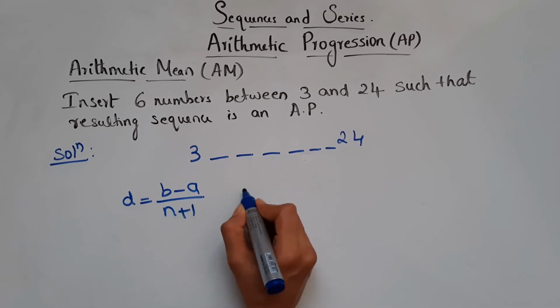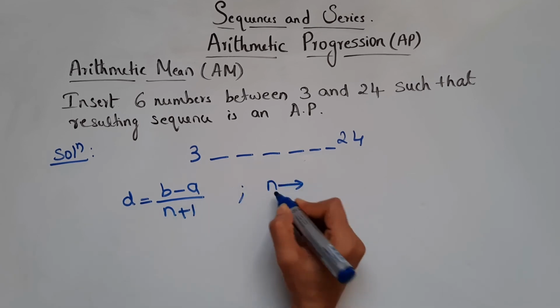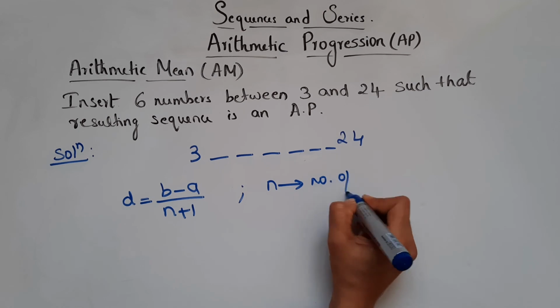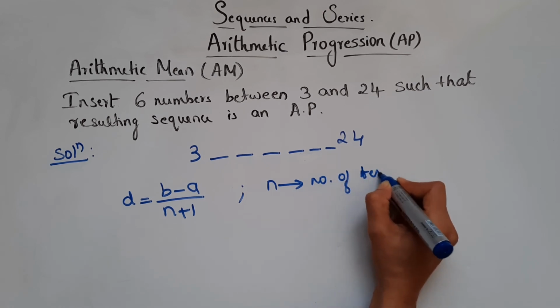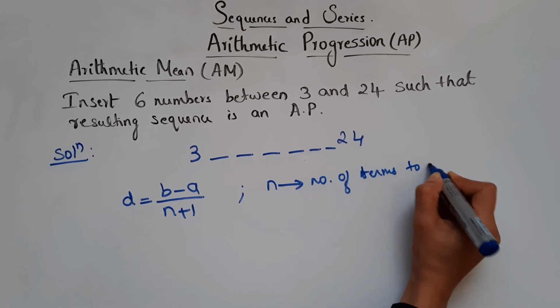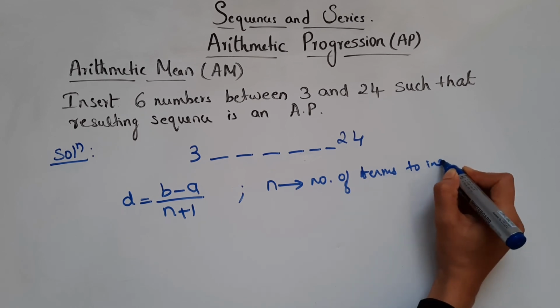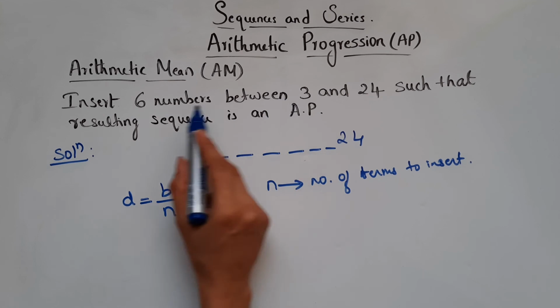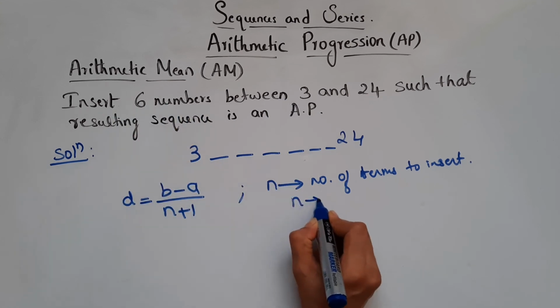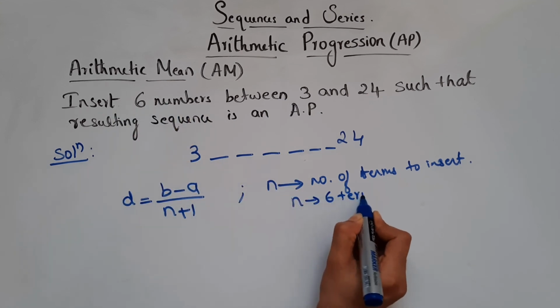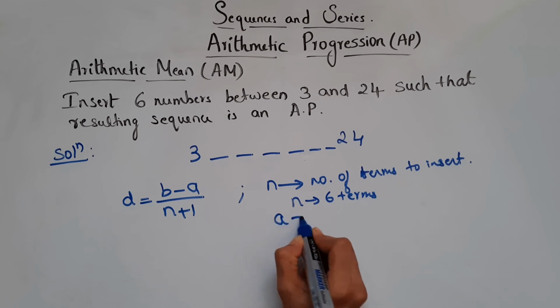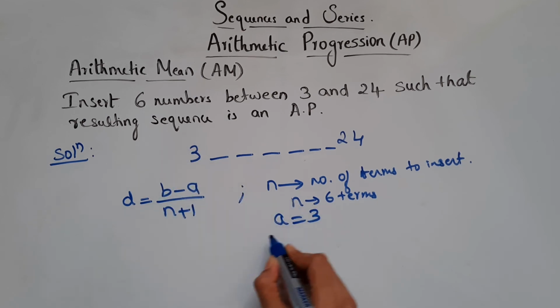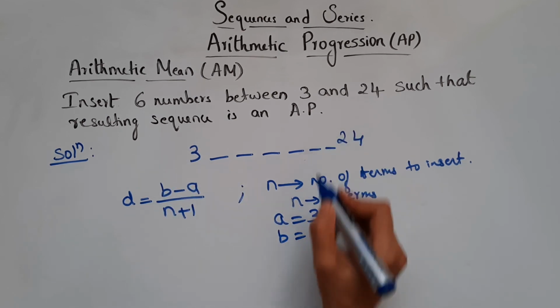Here what is n? n is nothing but the number of terms to insert. How many terms have they said? 6 terms. So n is 6. a is the first term, that is 3, and b is the last term, that is 24.